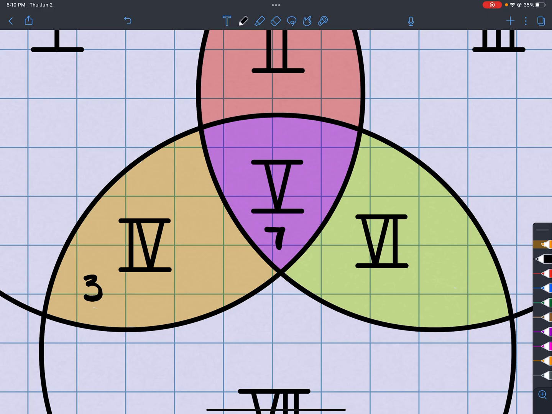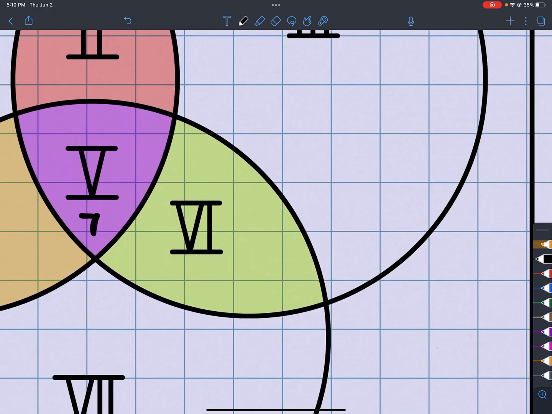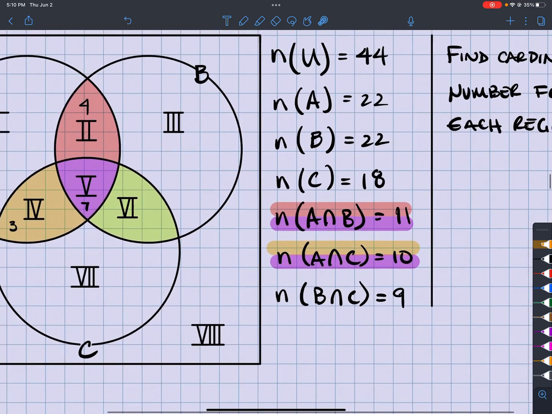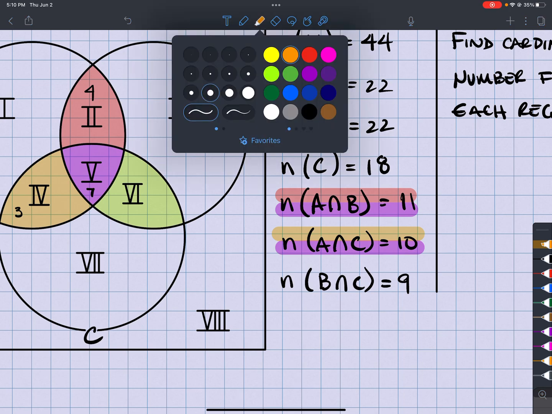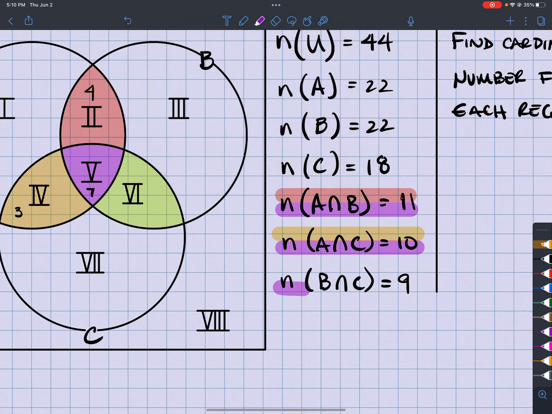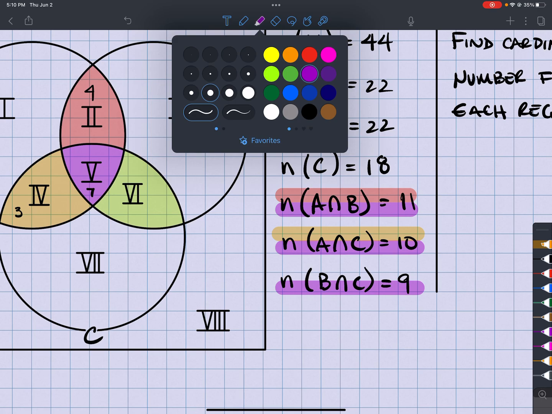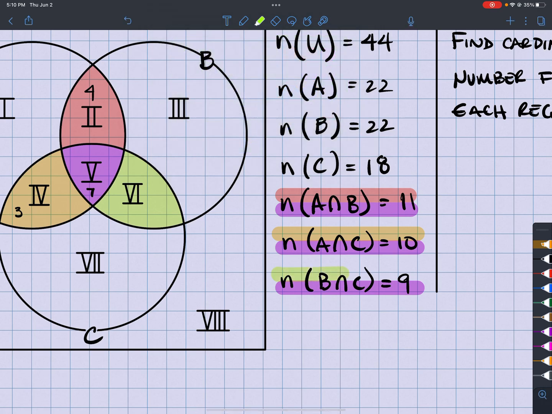Okay. And then let's look at this region right here that we haven't dealt with. So what is that region? That region is where B intersects C, but it takes care of region 5 and 6. Okay, so let me go ahead and do this. And green.